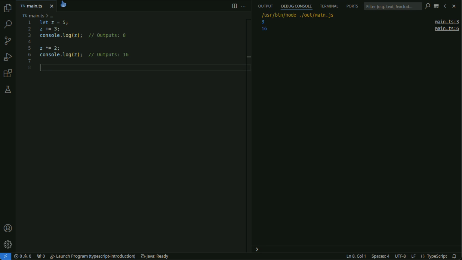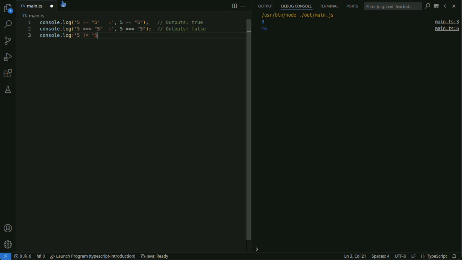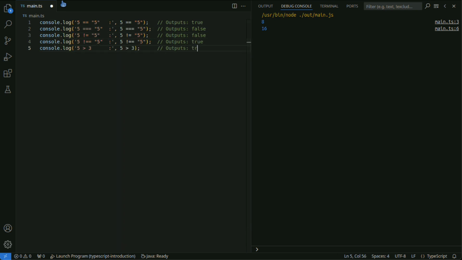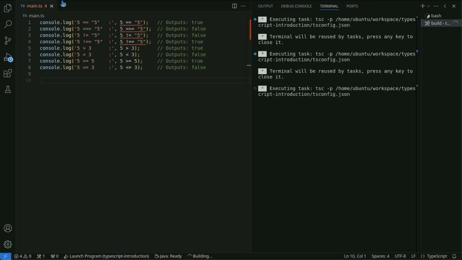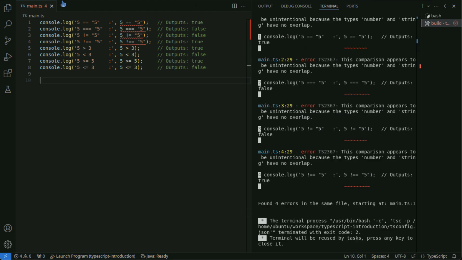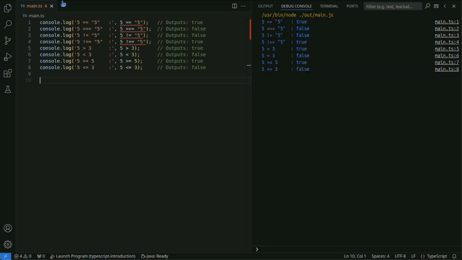Comparison operators compare values and return true or false. Logical operators are used to combine logical expressions.